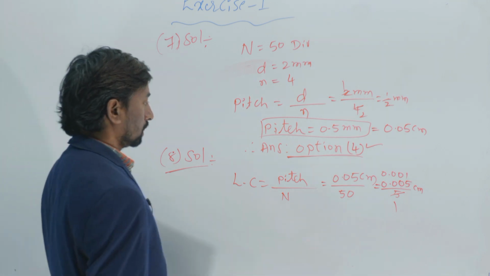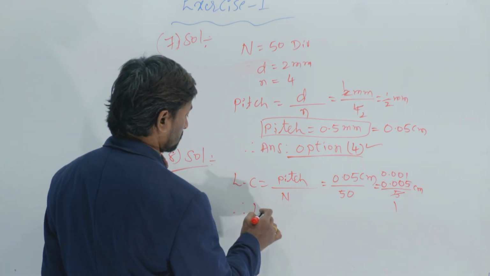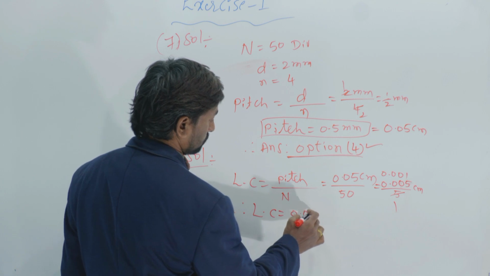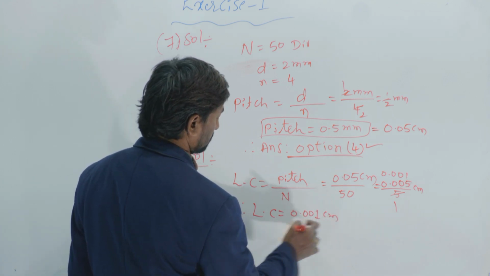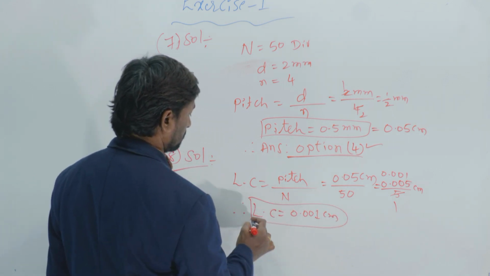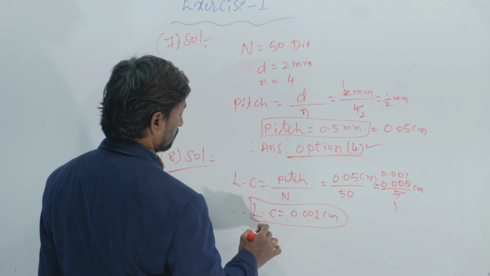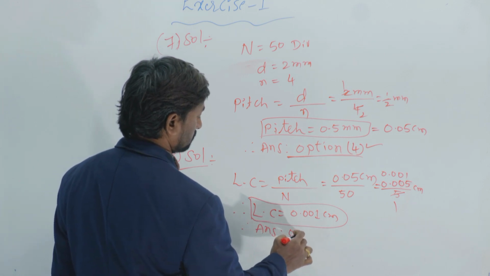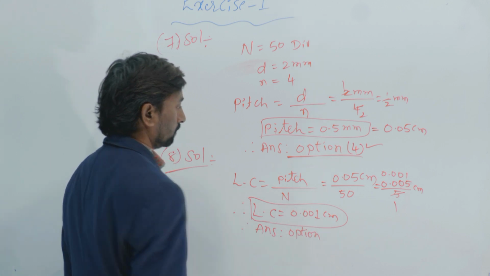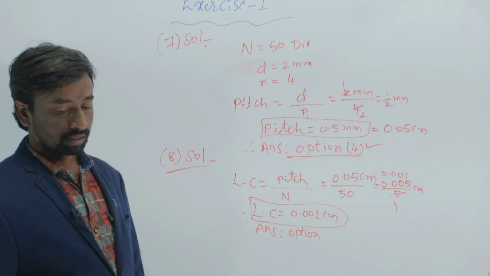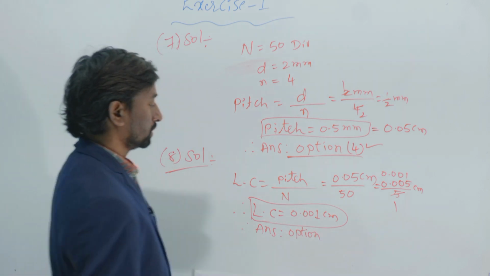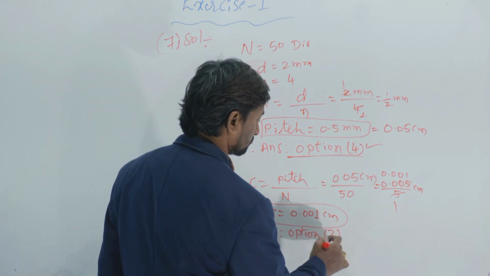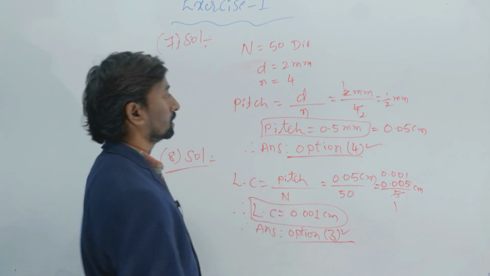So the correct answer: therefore the least count is 0.001 centimeter. In which option is 0.001 centimeter? That is the third option. Option 3 is right.